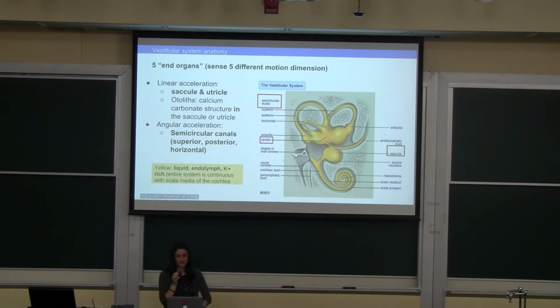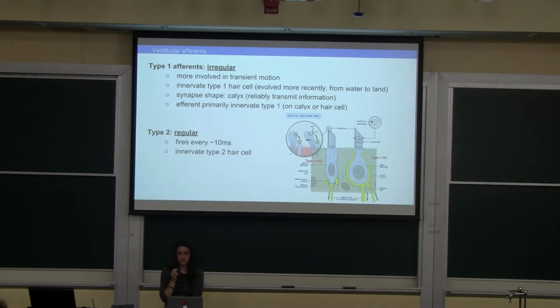So the yellow portion in this diagram is the liquid that fills the entire semicircular canals, and this potassium-rich system is what's able to sense the movement through the endolymph movement during angular acceleration. The next portion of the anatomy are these 2 types of afferents, which are irregular and regular.